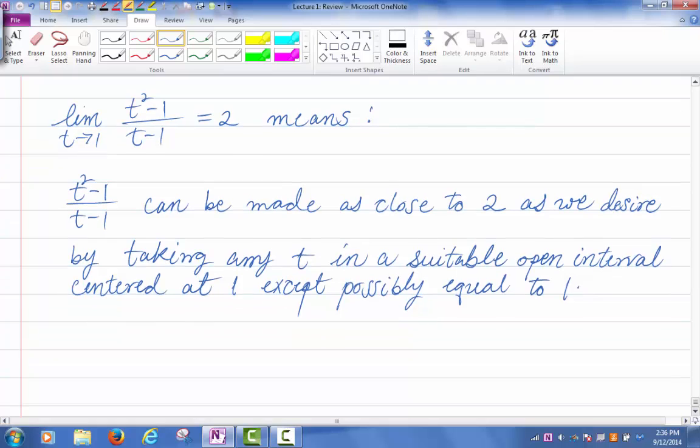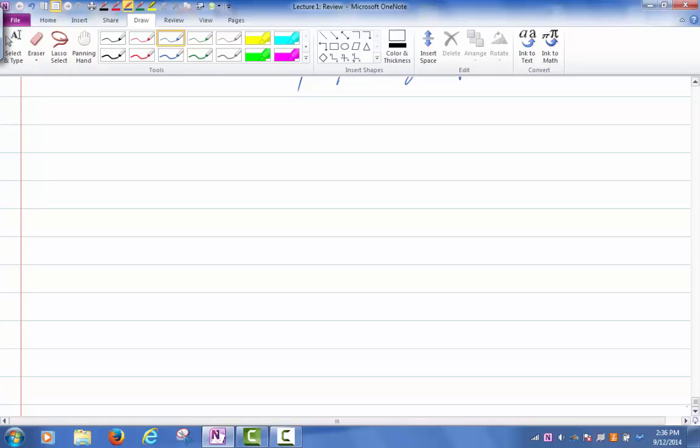In other words, if I have a number line here, let's take another number line here. Here's another number line. And let's say here is the number 2.